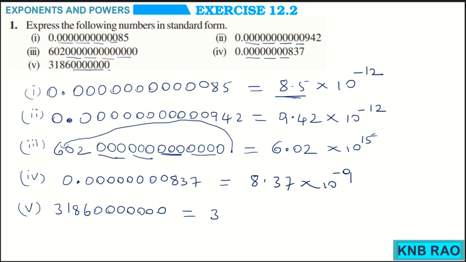So I can write this as 3.186 into 10 to the power 10, because of the 11 digits, 1 less than 11 becomes 10, or the decimal point has to shift for 7 zeros up to here and 8, 9, 10. So 3.186 into 10 to the power 10.